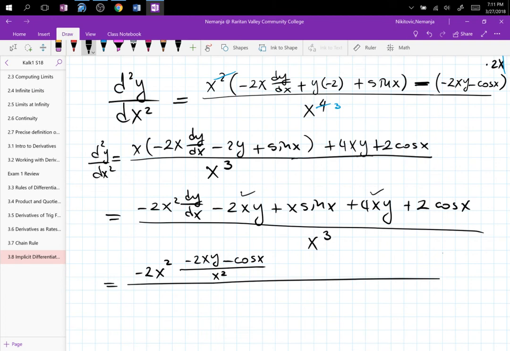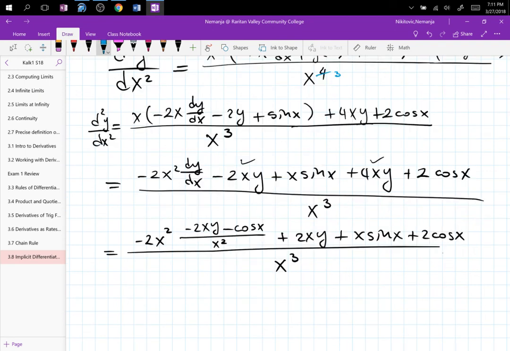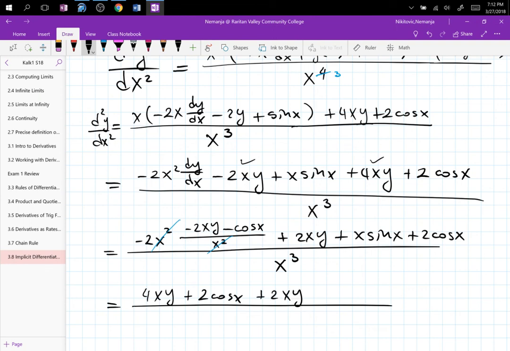plus 2xy plus x sine x plus 2 cosine x, everything divided by x cubed. So these guys now cancel, which is awesome. We have positive 4xy plus 2 cosine x plus 2xy plus x sine x plus 2 cosine x divided by x cubed.